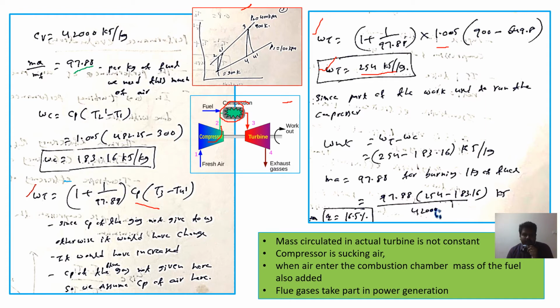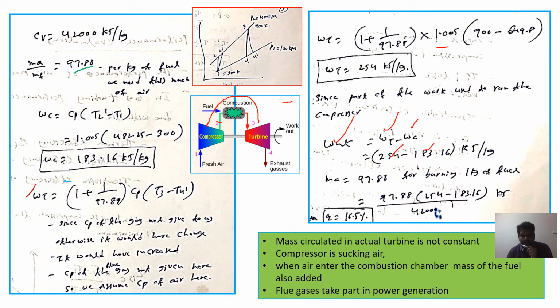Now finally we can find the net work done. Net work done is work done by the turbine minus work done by the compressor, because the compressor is using part of the power from the turbine. So work done by the turbine minus work done by the compressor.